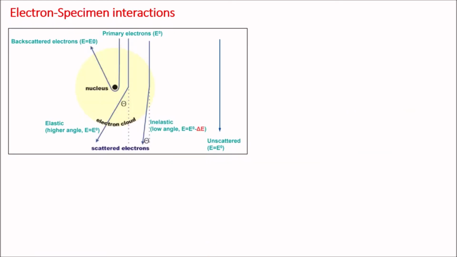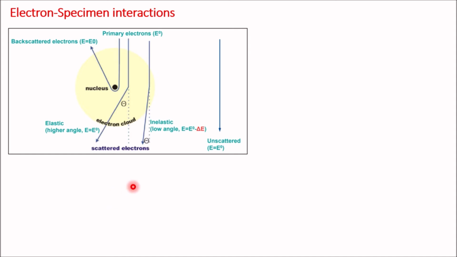Now let's see what kind of interactions are possible when a beam of electrons interacts with some atoms or molecules. The electron specimen interactions that we discuss here are common for both TEM and SEM. The electron beam hits the sample and either passes through the sample unaffected or it interacts with the specimen. Three different types of interactions can take place between electrons and the atoms of the sample.